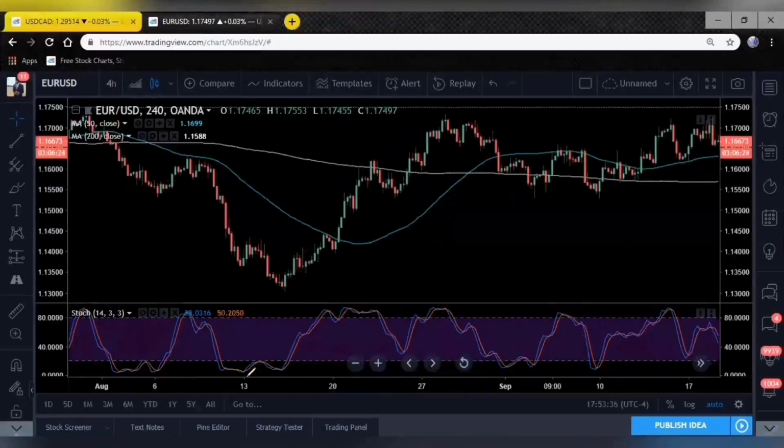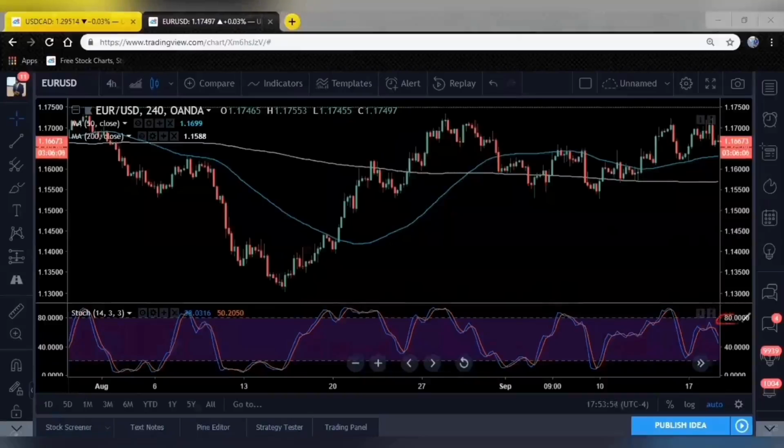The stochastic is simply an indicator that shows you the range for a particular pair on different time frames. Within the stochastic range, we have the 80, which is the highest point it could reach. And we also have the 20 area, around the 25 area here, which is the lowest point price can reach within that time frame.